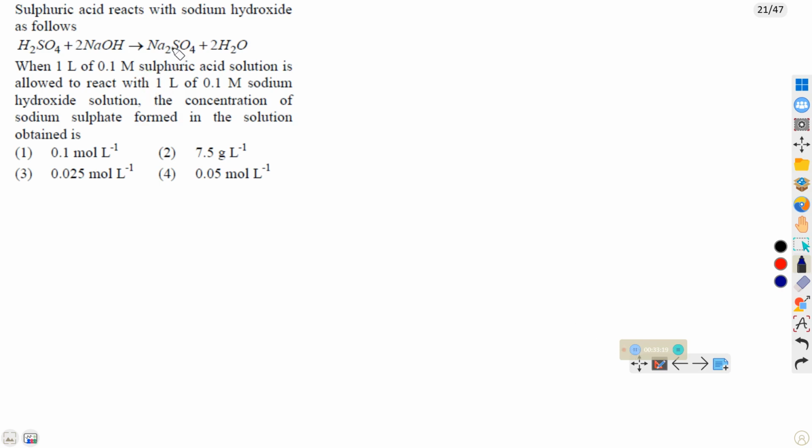Sulfuric acid reacts with sodium hydroxide as follows. H2SO4 plus 2 moles of NaOH gives rise to Na2SO4 plus 2 moles of H2O. When 1 liter of 0.1 molar sulfuric acid solution is allowed to react with 1 liter of 0.1 molar sodium hydroxide solution, the concentration of sodium sulfate formed in the solution is?